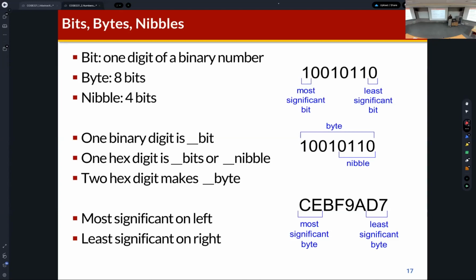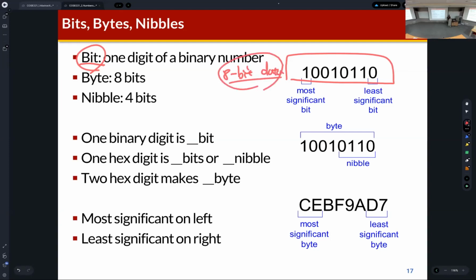Then let's learn about some units of binary data. We already learned about the bit. A bit represents a binary digit. So 1 digit of a binary number is called a bit. For example, this is binary data 1001 0110, and this binary data is 8-bit data.